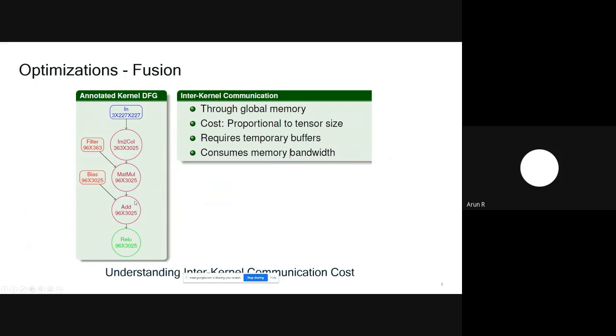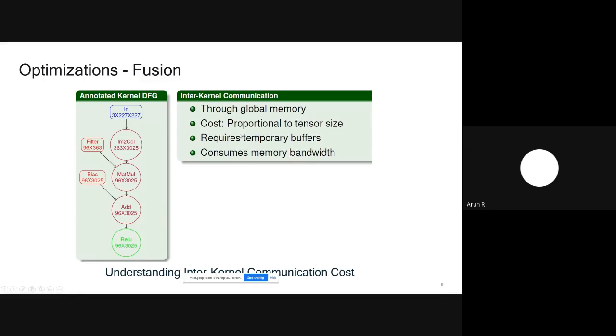All other outputs, like intermediate results such as the results of addition, matrix multiplication, and im2col, are stored in temporary memory, in global memory. We can see that the size of the temporary buffer is proportional to the tensor size.